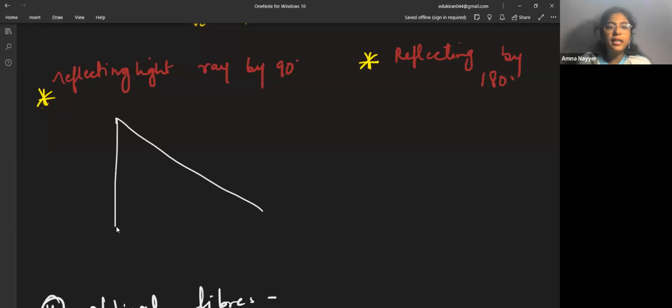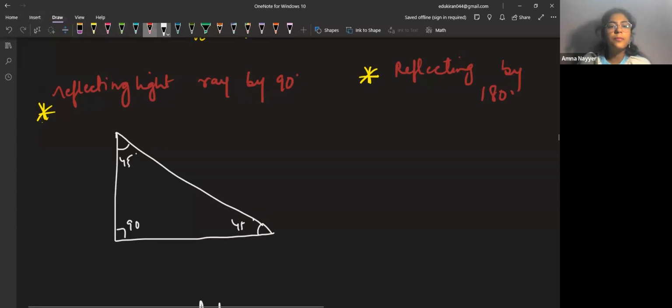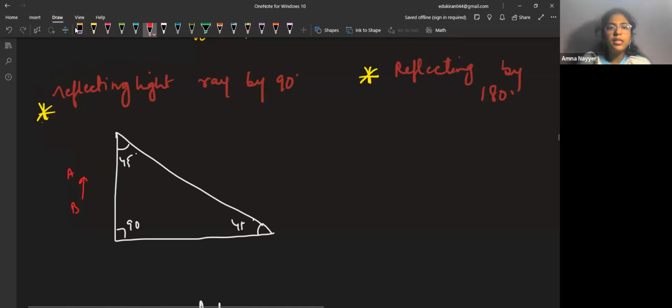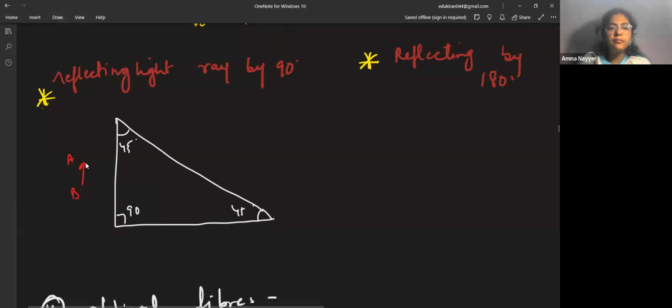See, reflecting a ray of light by 90 degrees. This is a right angle prism, meaning this is 90 degrees, this is 45 degrees, this is 45 degrees. Now suppose this is an object AB. Light rays are moving.